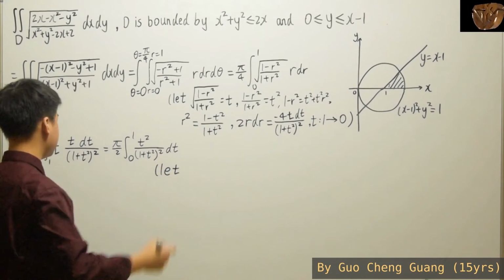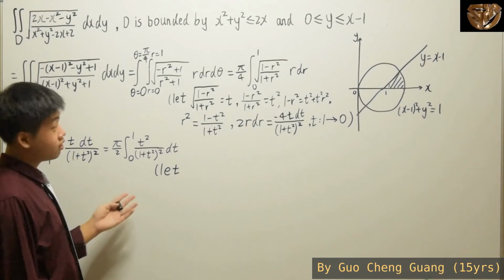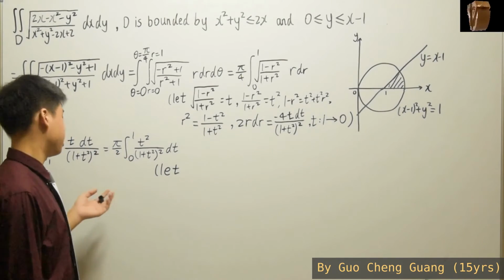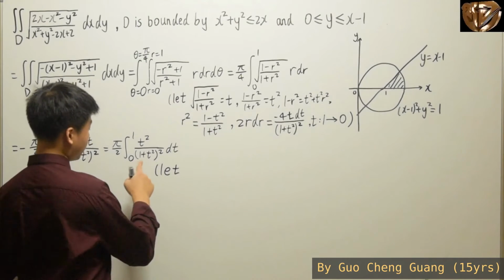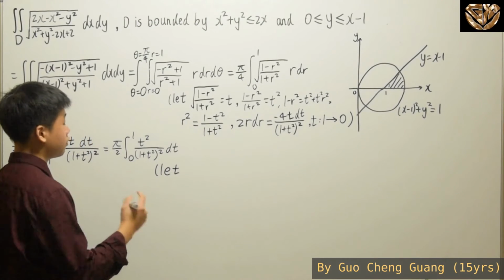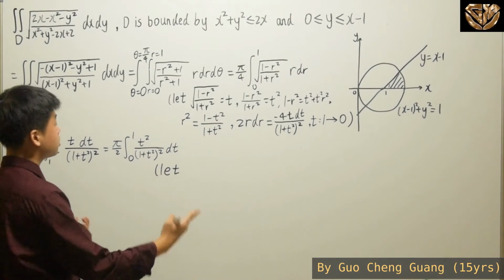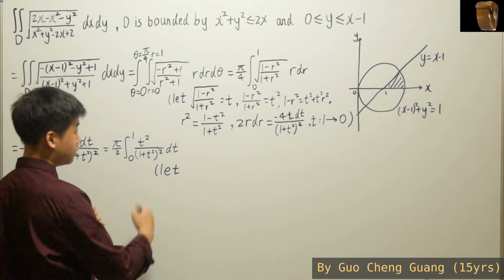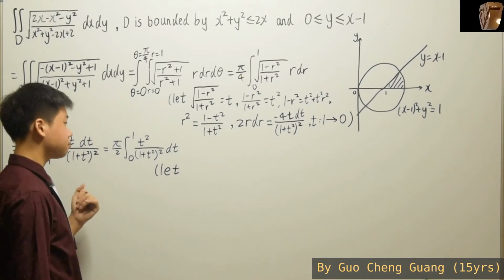Let's try something other than letting pretty much your entire integrand be something. So in this case, you look at the denominator. Now if you're familiar with trigonometry, then you can think of something that contains 1 plus something squared is equal to another thing possibly squared.